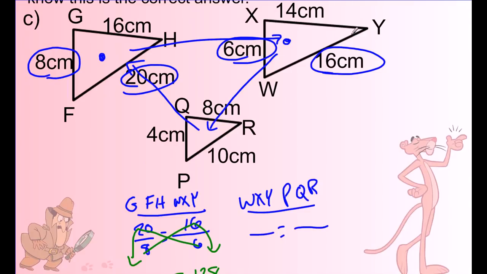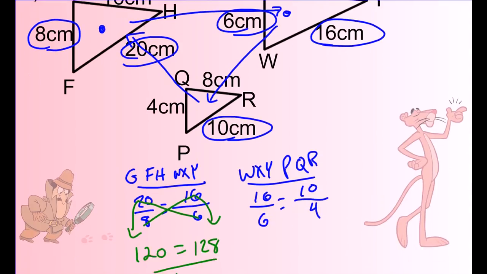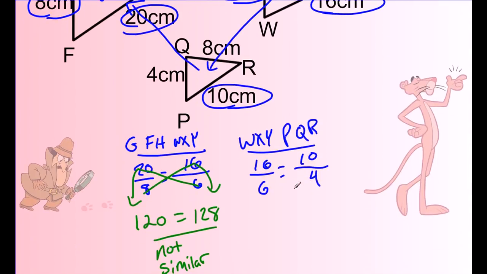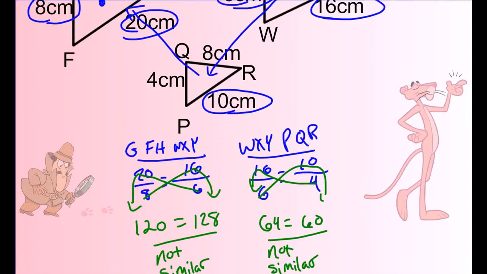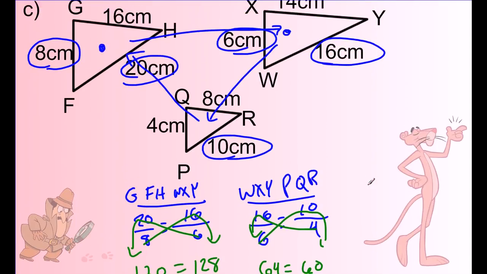So from WXY, I'm going to start with 16, which corresponds to 10, and 6 corresponds to 4. Cross multiplying here, 6 times 10 is 60, 4 times 16 is 64. No good. Not similar.